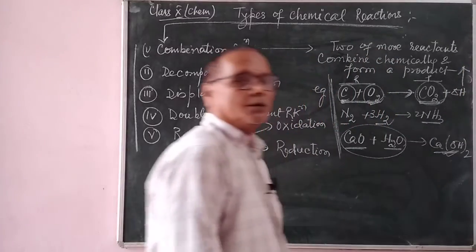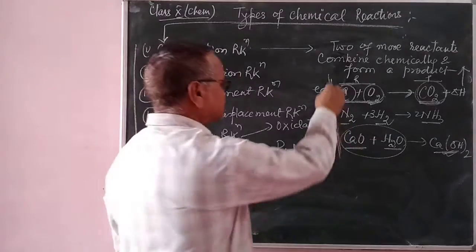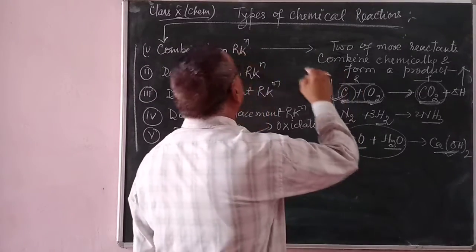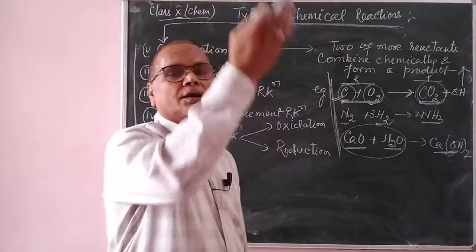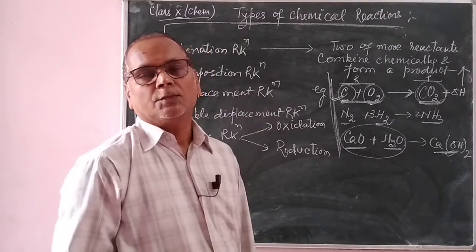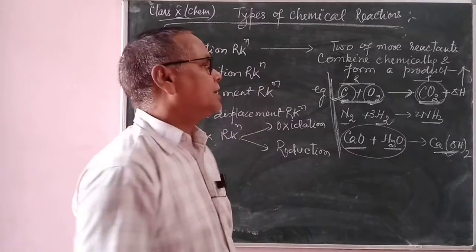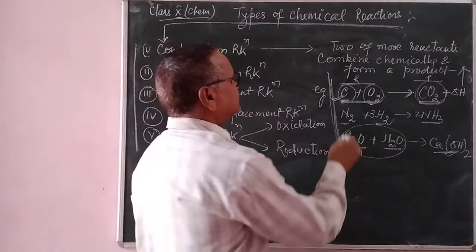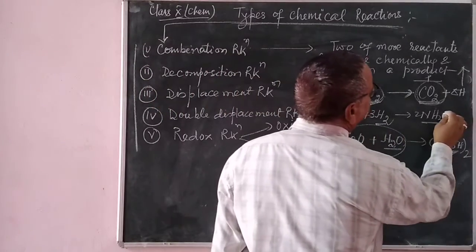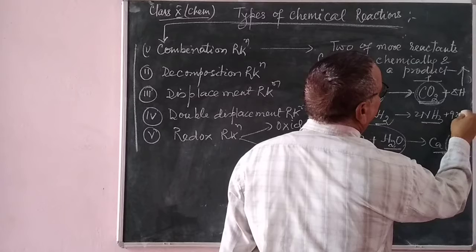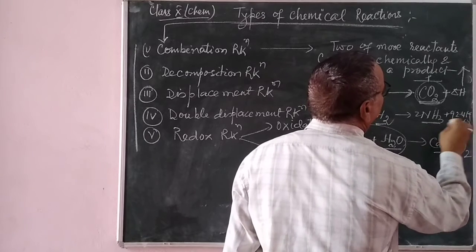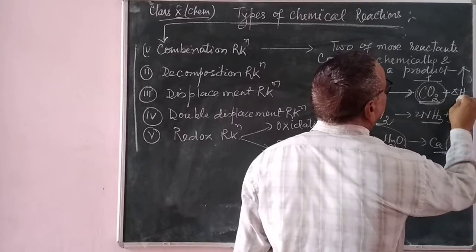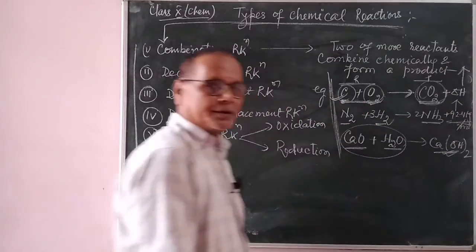So this is a chemical combination reaction, but it also releases energy. Heat is evolved, energy is evolved. In this case, it releases energy of 92.4 kilojoule per mole. It means energy is also released in it.